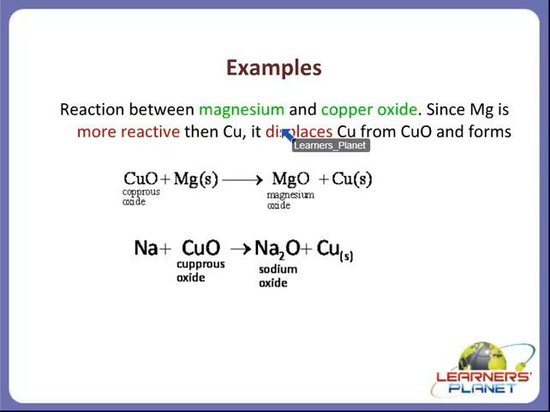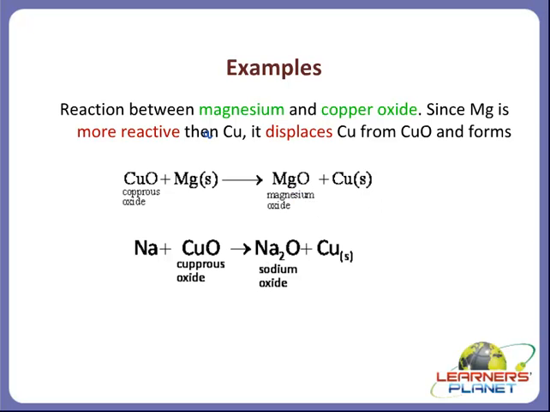Now let's take up its examples. Reaction between magnesium and copper oxide. In the reactivity series, magnesium is placed above hydrogen and copper occupies a lower position. Since magnesium is more reactive than copper, it will displace copper from copper oxide and form magnesium oxide.